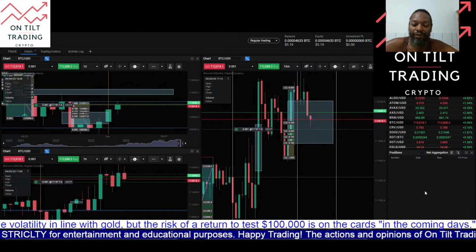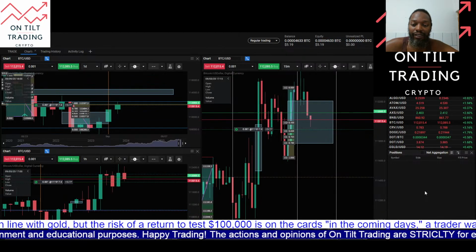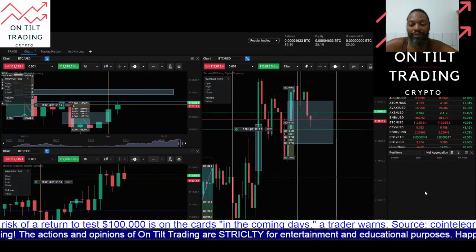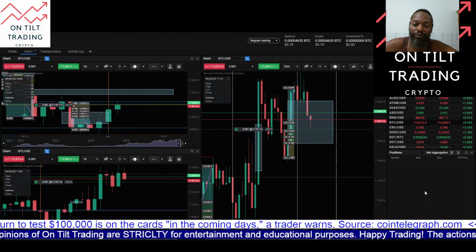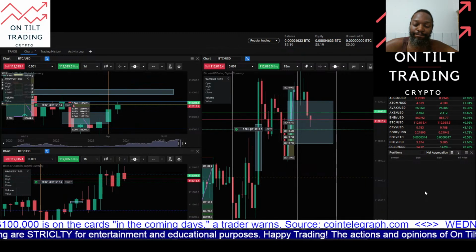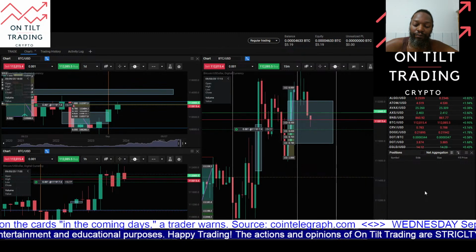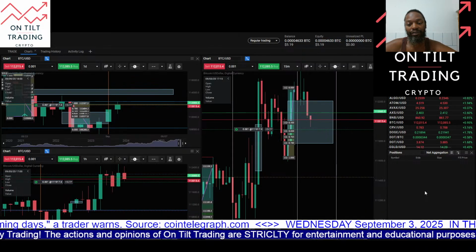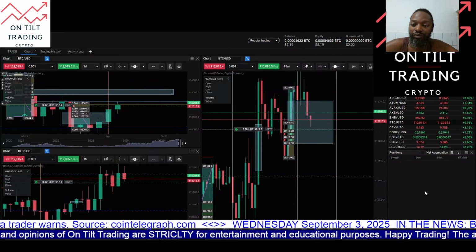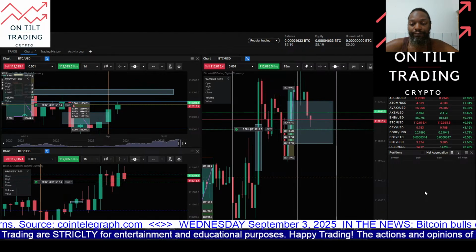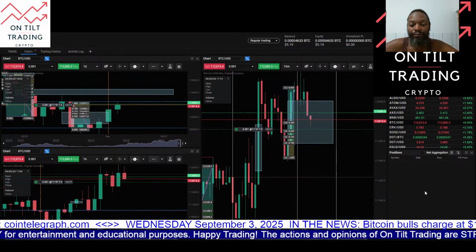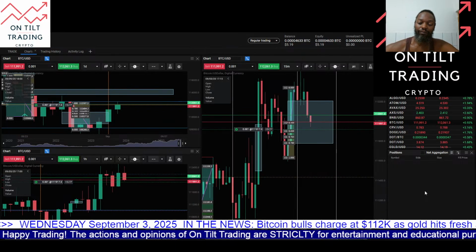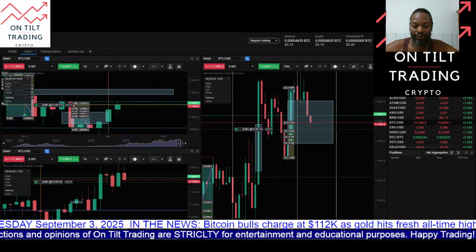This could be potentially the price delivering algorithm offering a higher price to potentially induce more sellers, to potentially take the price lower and potentially into my limit order. Some sell side delivery with speed here.